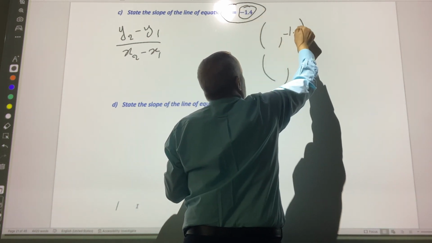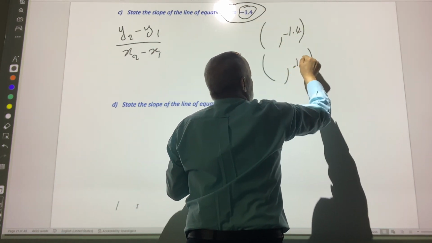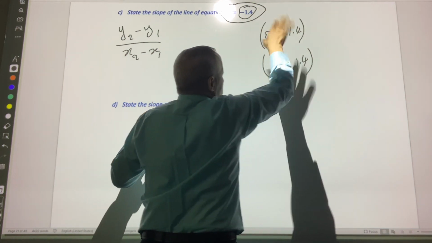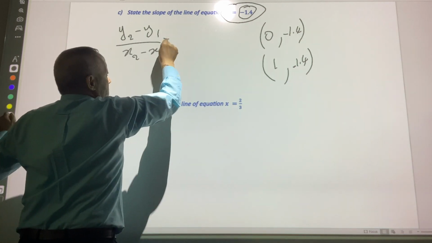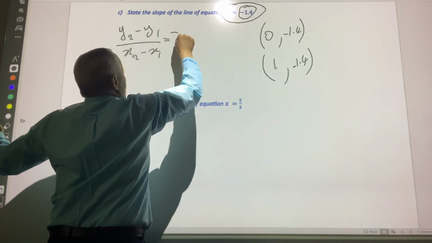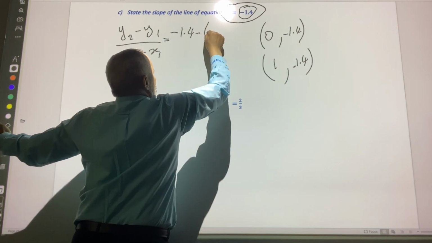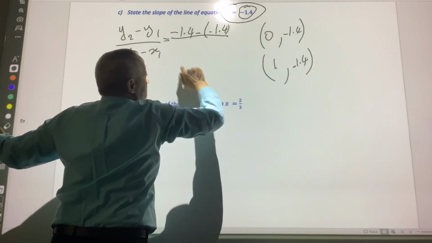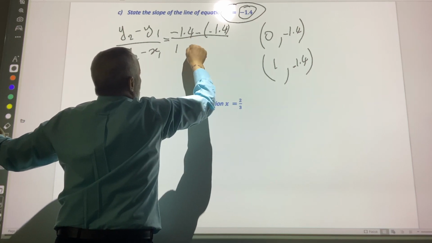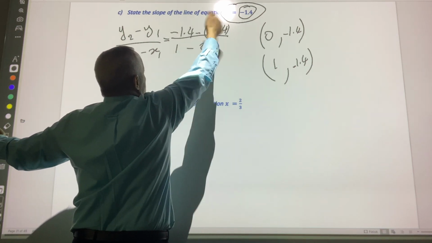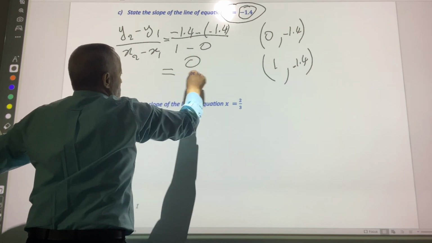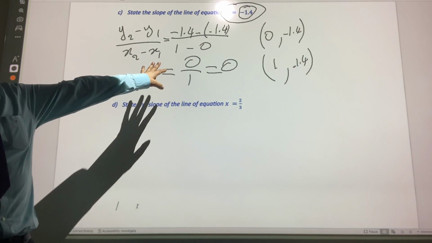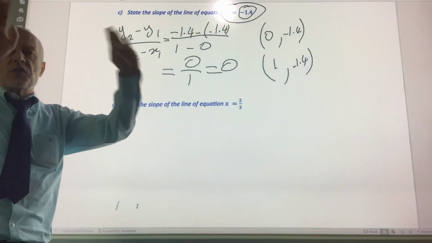Take x to be 0, 1, any value. Then y2 minus y1 is negative 1 over 4 minus negative 1 over 4, over 1 minus 0. Can you see that you get 0? That's why the slope is 0. This is not the way I advise you to calculate the slope. Just remember, horizontal line, slope equals 0.